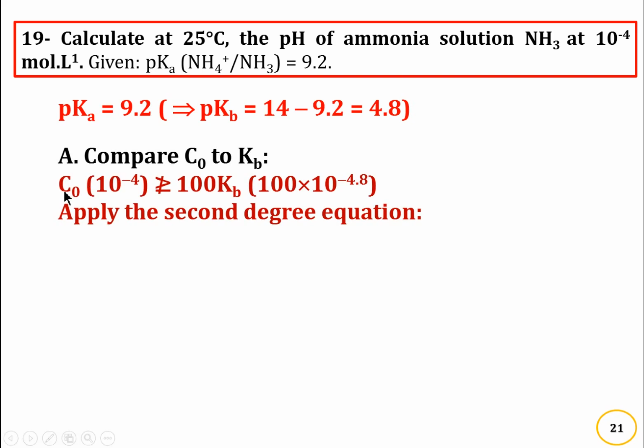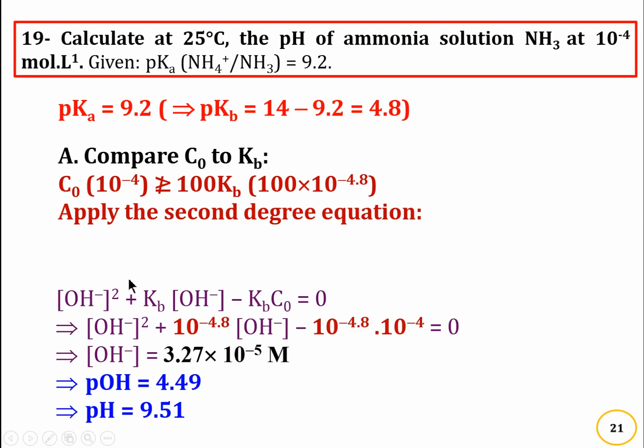So comparing C0 and 100 Kb, we found that C0 is not greater or equal to 100 Kb. So the formula pOH equals half pKb plus pC0 could not be used, and we have to apply in this case the second degree equation: [OH-]² plus Kb[OH-] minus KbC0 equals 0.